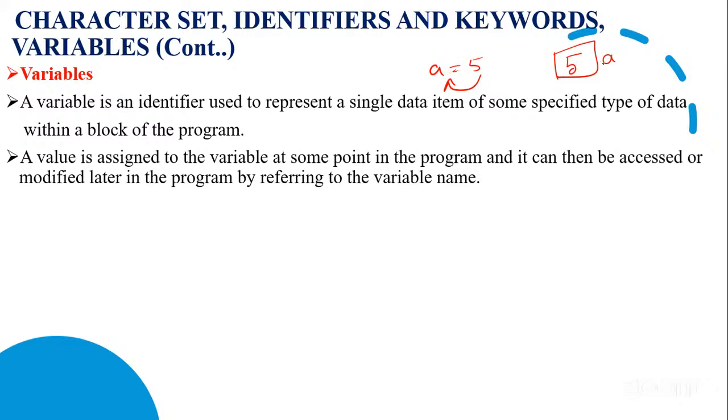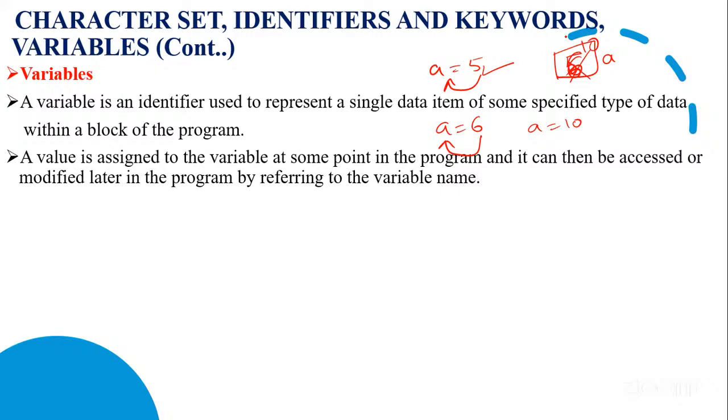If you want to change the value, you can write a equals 6. First the value of a is 5, and later it will be changed to 6. It will be overwritten. Again, if you write a equals 10, the old value goes and the new value comes. This is the modification.